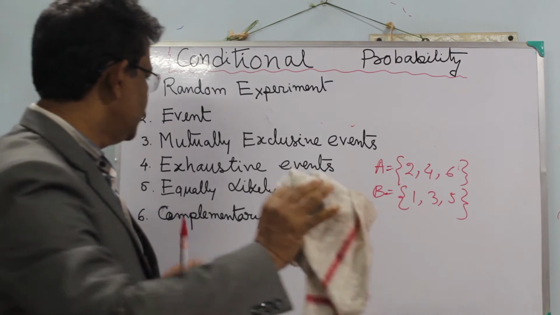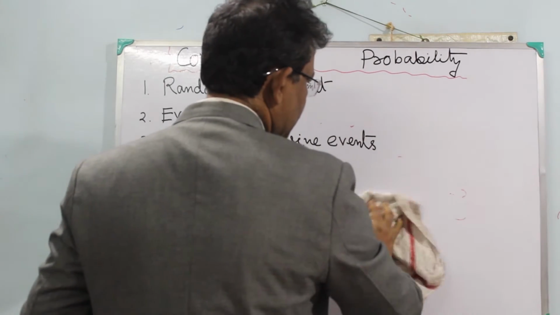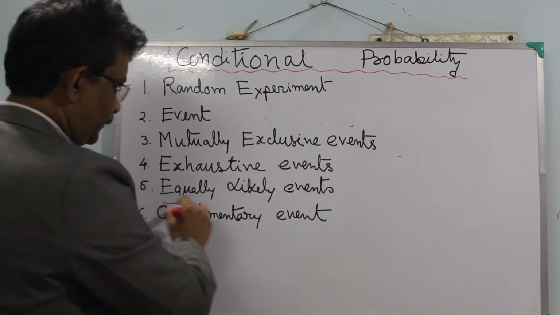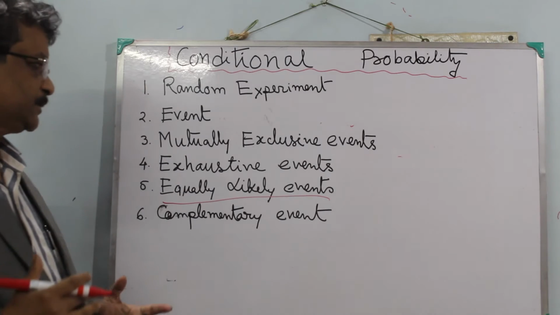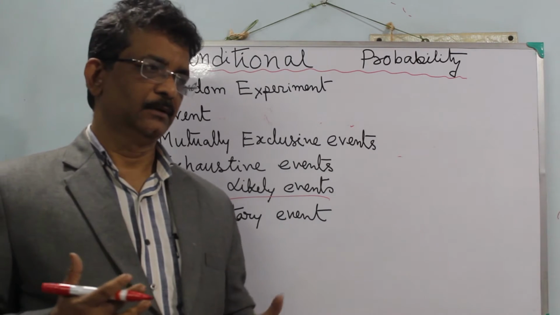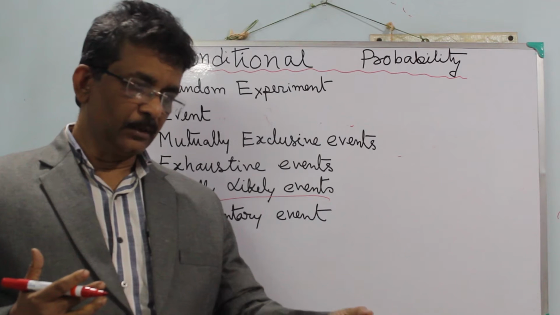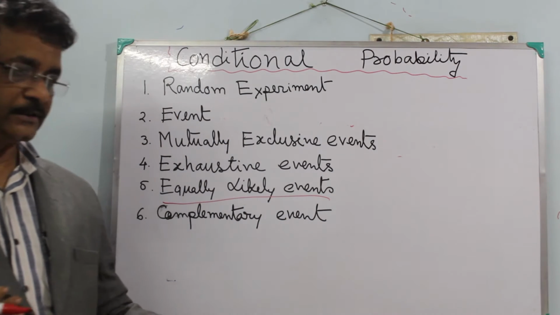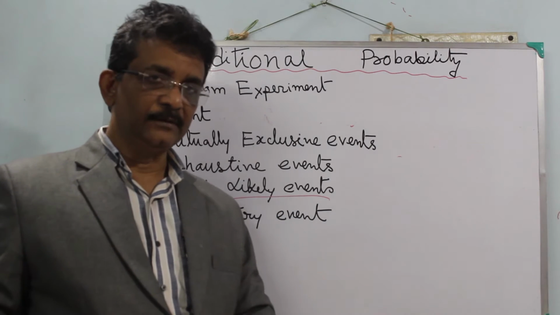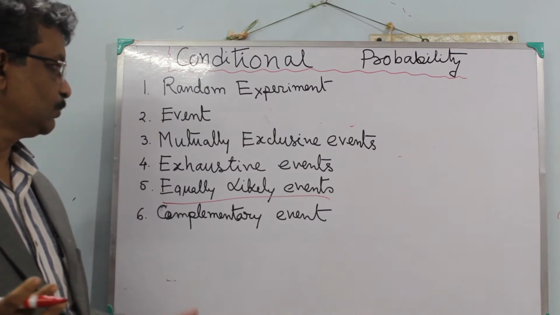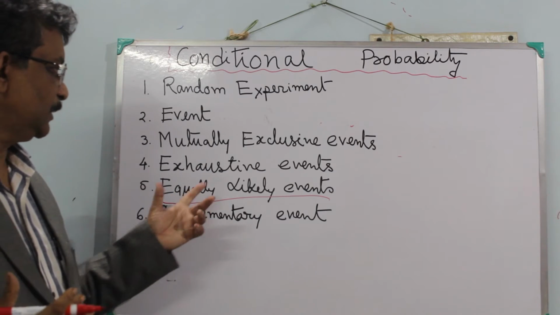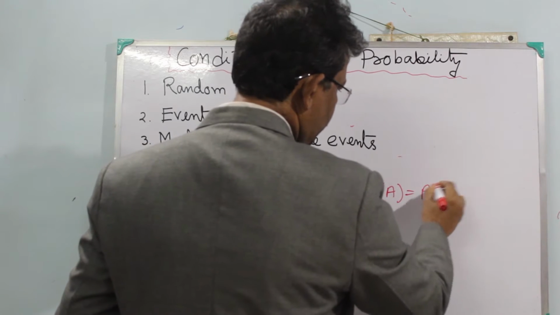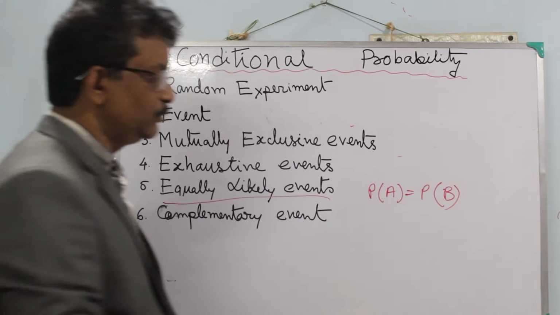And what are equally likely events? Two events are equally likely if none is expected in preference to the other. That means all are equally probable. I cannot say that the occurrence of event A is more likely than event B. That means the probability of A equals the probability of B if A and B are two events.